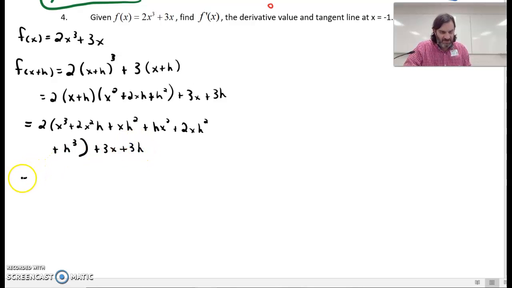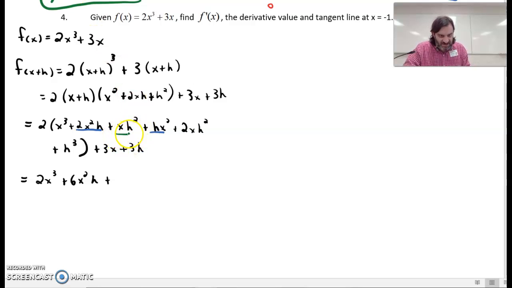So let's clean this up and push that 2 in. So we'll have, this still working on our f of x plus h, we'll have 2x cubed. We're going to have, let's see here if we got anything that's alike here. We've got some x squared h's in here. We've got 3 of them, and then they're going to be multiplied by 2, so that means we'll have 6 of them. So plus 6x squared h. And then let's see what else we got in here.